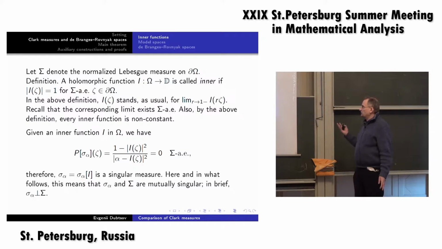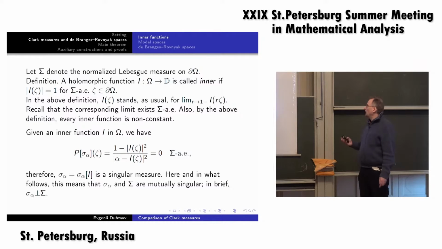Capital Sigma, this is kind of non-standard notation, but small sigma is already used for the Clark measure. So capital Sigma denotes the normalized Lebesgue measure on the boundary, and the definition of an inner function is a standard one: the function should be bounded and unimodular on the boundary of Omega.